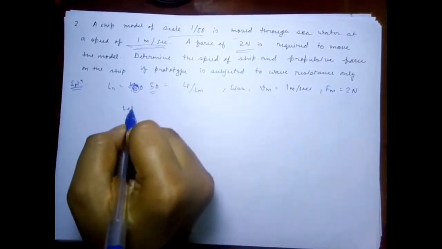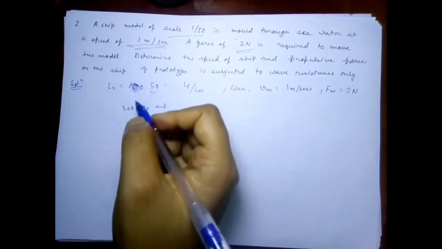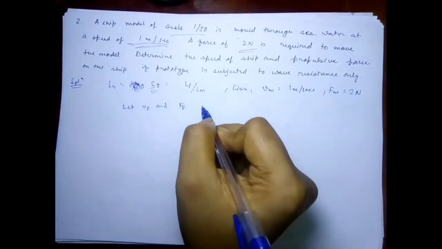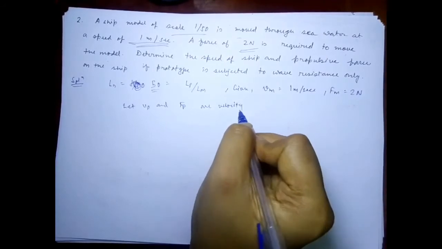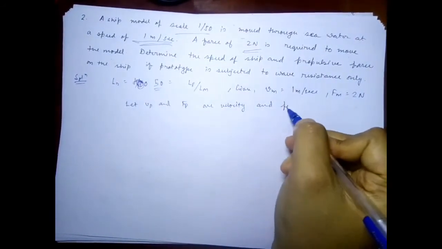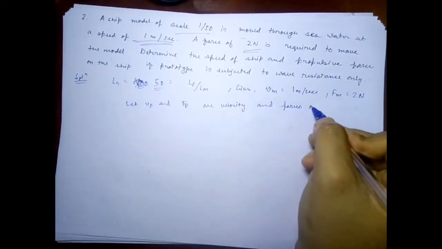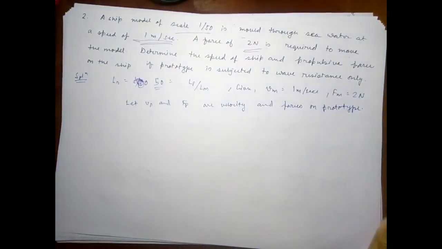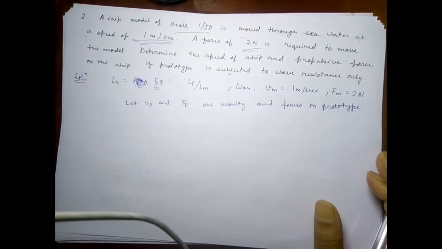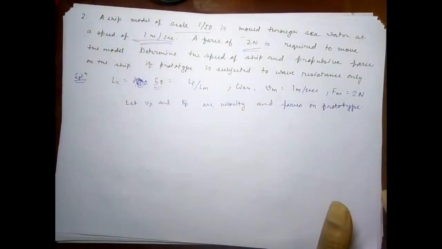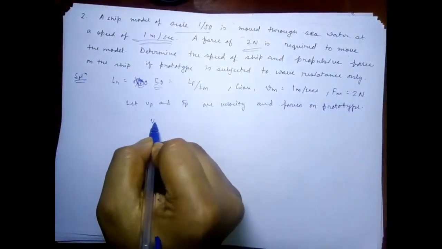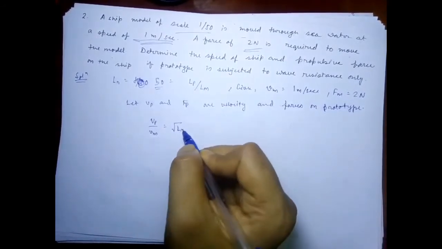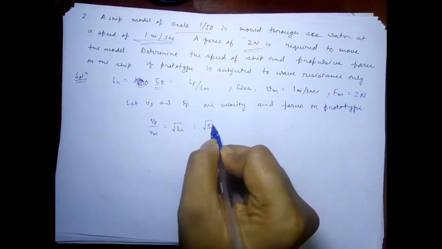So let VP and FP be velocity and force on the prototype. Then VP upon VM is equal to square root of LR, because velocity ratio is square root of LR, and it is equal to square root of 50.